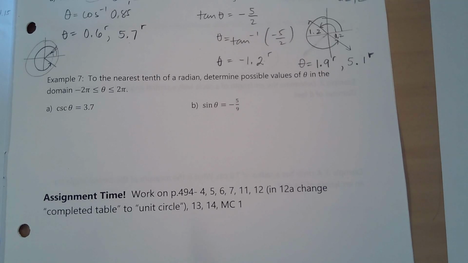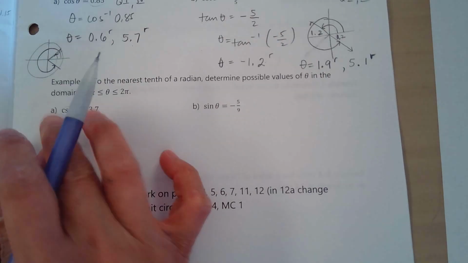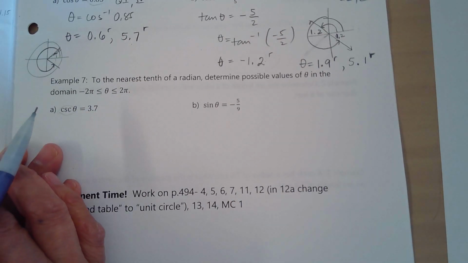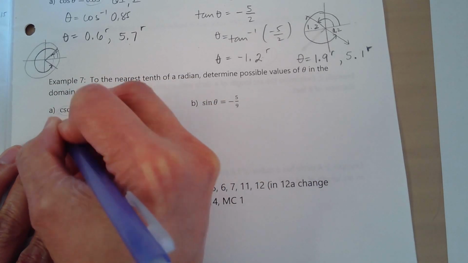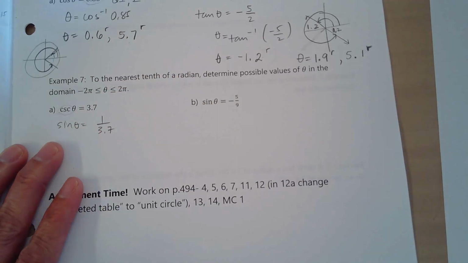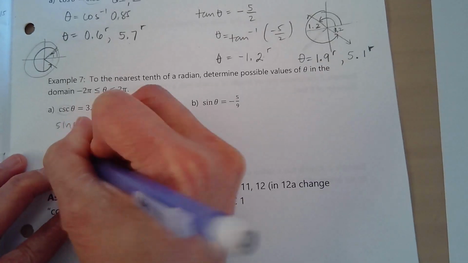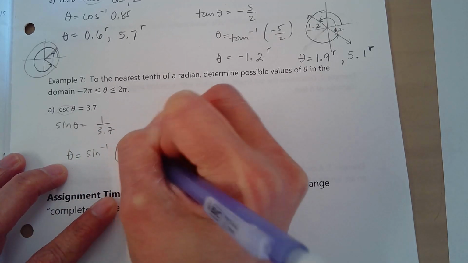You know that prime fraction. Yeah. Sine. Reciprocal, right? We gotta take the reciprocal because we don't have this in our calculator. So sine theta is gonna be 1 over 3.7. So theta is the sine inverse of 1 over 3.7.